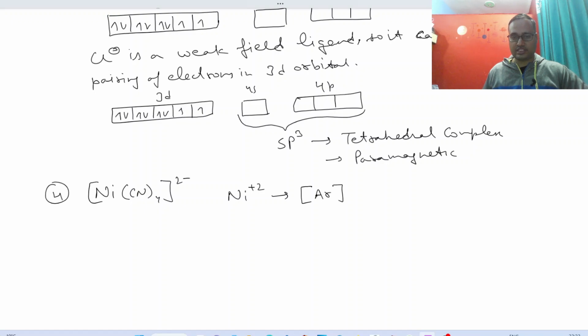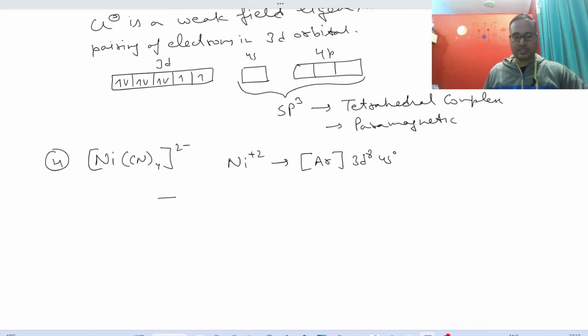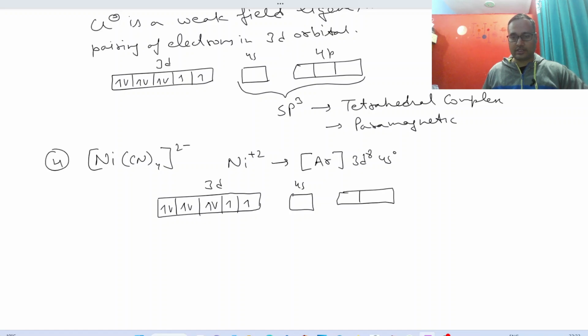electronic configuration as argon 3d8 4s0 and represent it as this. This is our 3d orbital containing 8 electrons. This one is the 4s orbital, and then we have a 4p orbital also.